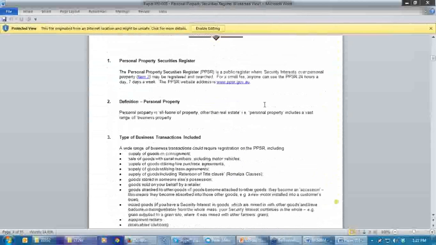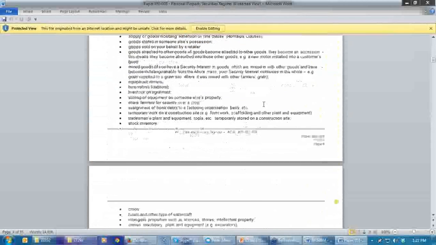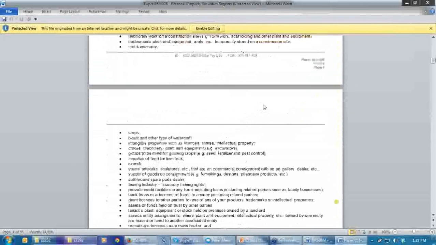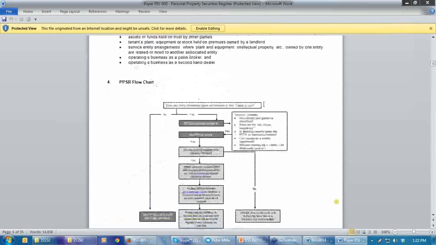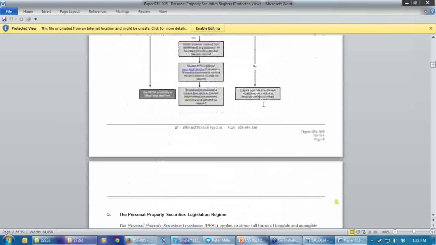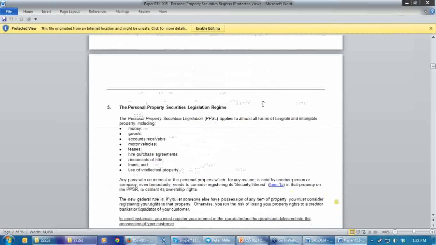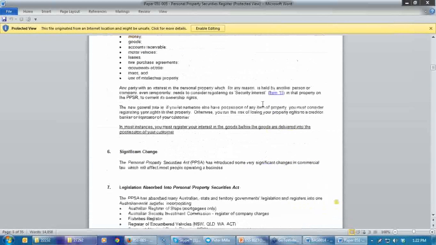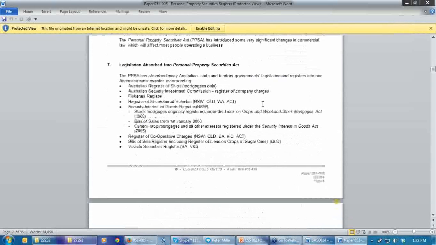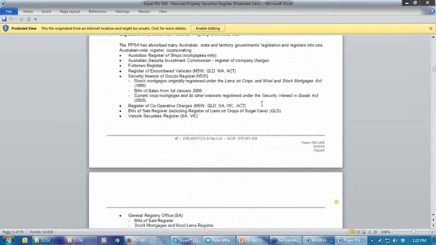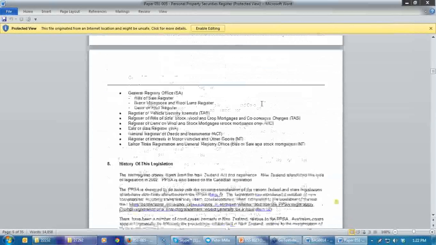There are links to other sections and other papers. So it goes on and looks at the history of the legislation. It did absorb about 70 other acts of parliament from the state, territories and federal government.